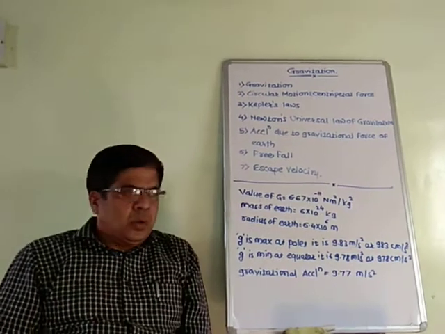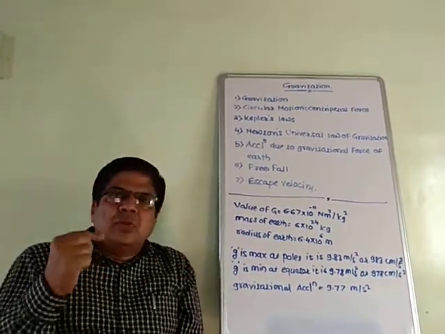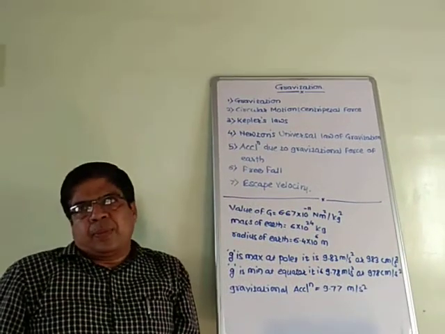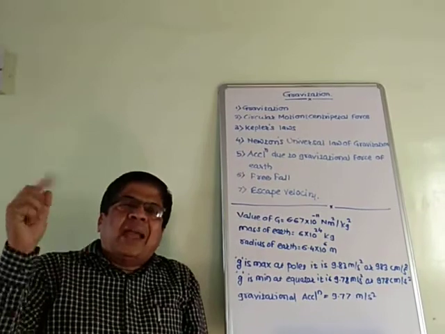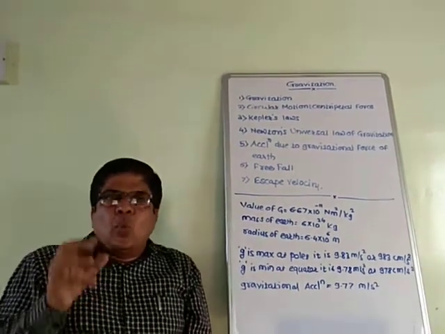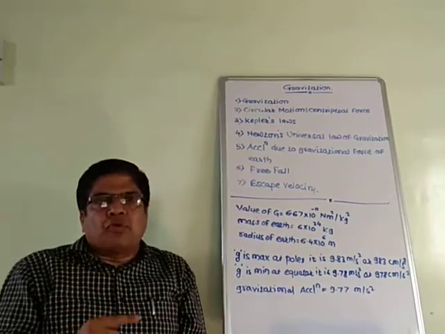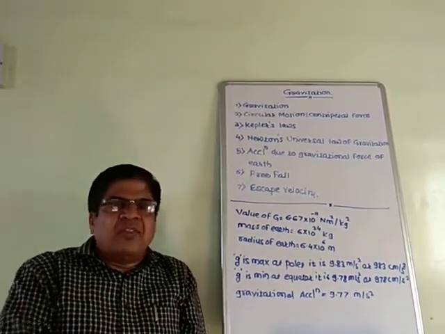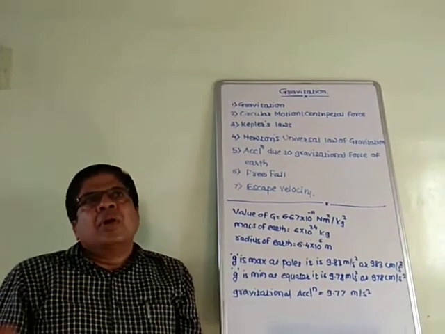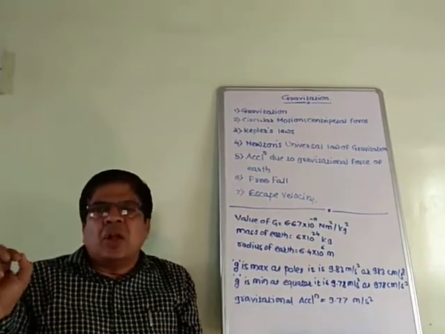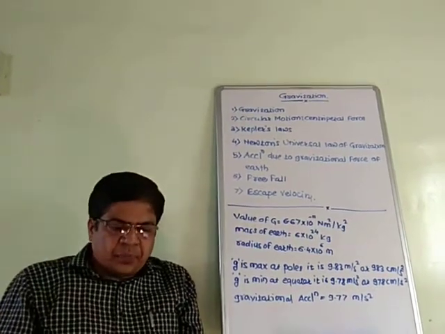Is it clear? No. Again I repeat: Newton's universal law of gravitation. Every object in the universe attracts every other object with a force which is directly proportional to the product of their masses and inversely proportional to the square of the distance between them. This is the universal law of gravitation put forth by Sir Newton.